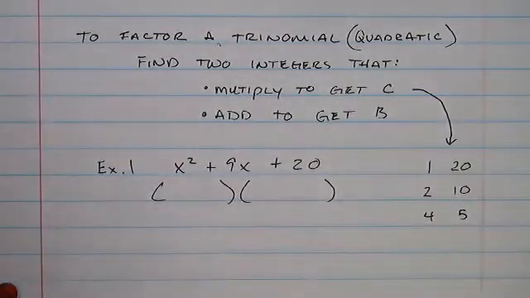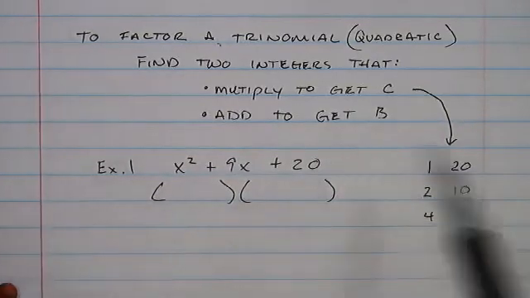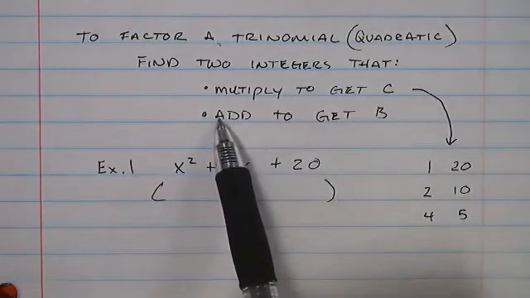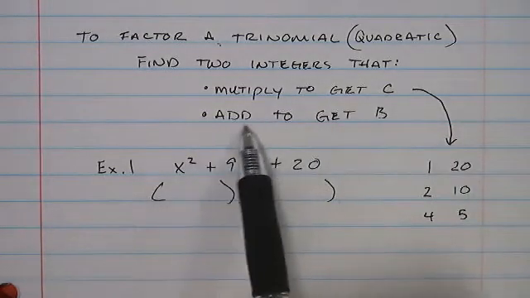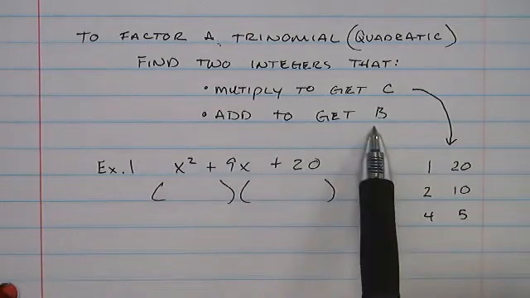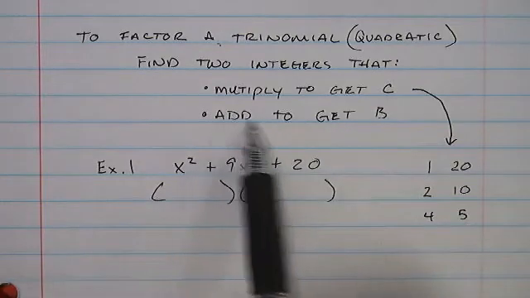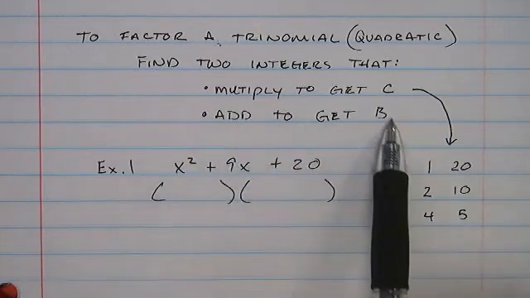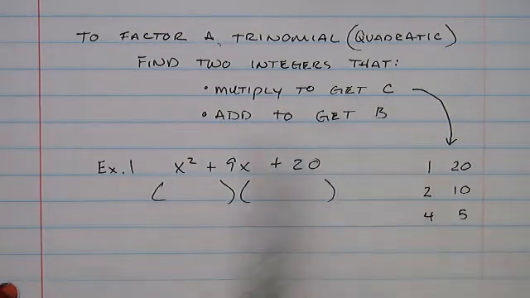What two numbers? We could have all of these different combinations, but what limits us on which ones we can actually use is that in the process of putting these together and taking them apart, I must also create a pair that are going to combine and give me a B value.